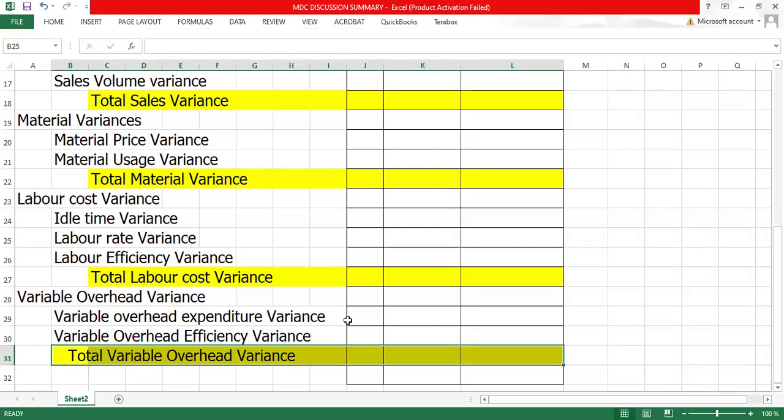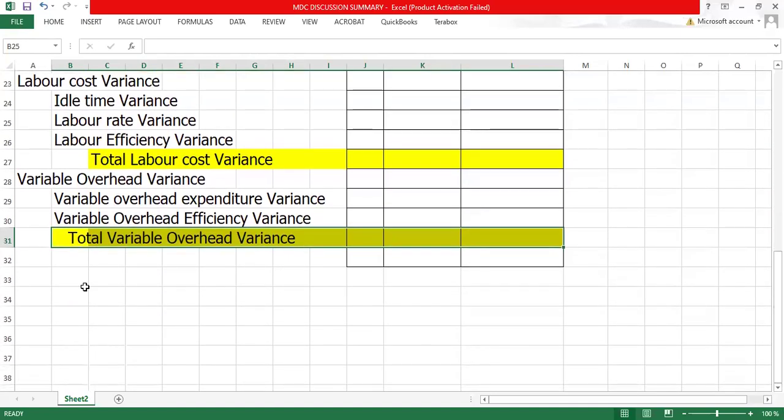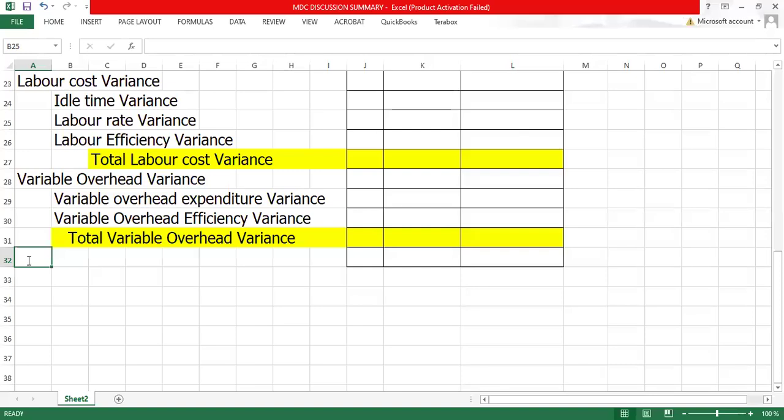Okay, then next, because in the question you have fixed overheads, we'll need also to look at the fixed overhead variance.